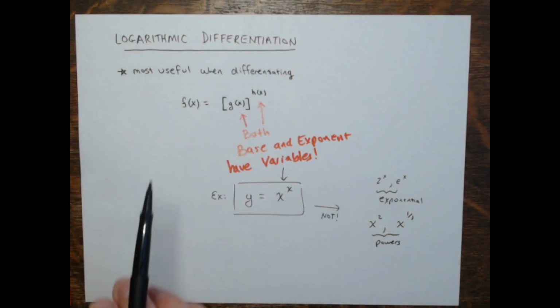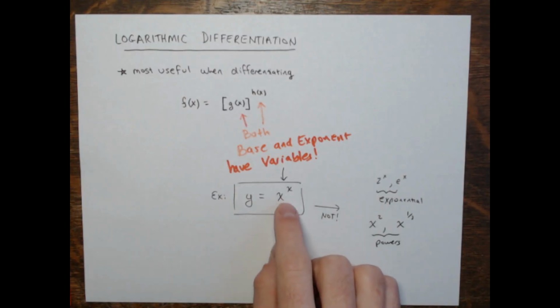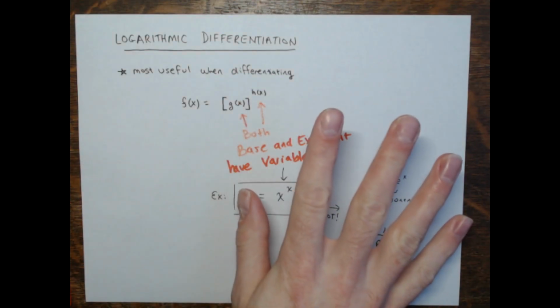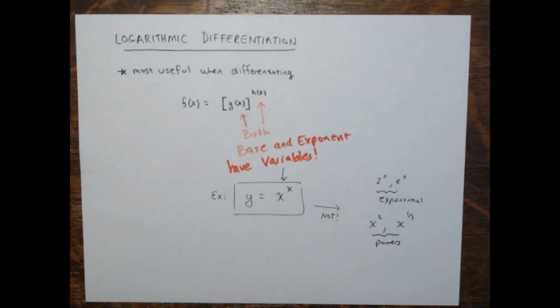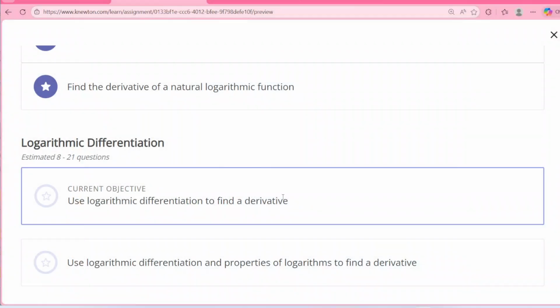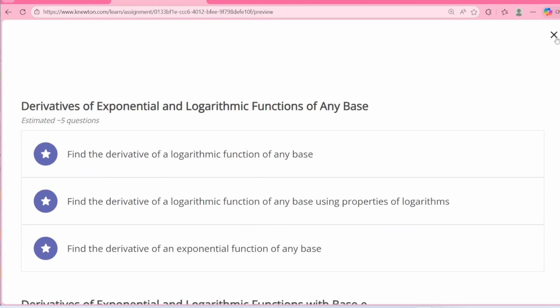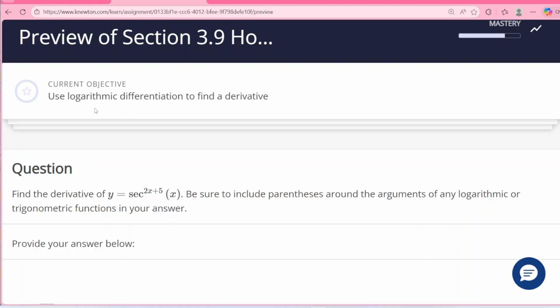So we're going to go through this logarithmic differentiation procedure for functions that mostly look like this. You can do it for any function, but it's most useful in these cases. So back to our question. We're asked to use logarithmic differentiation to find a derivative.